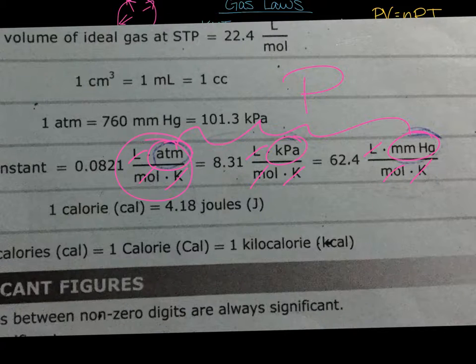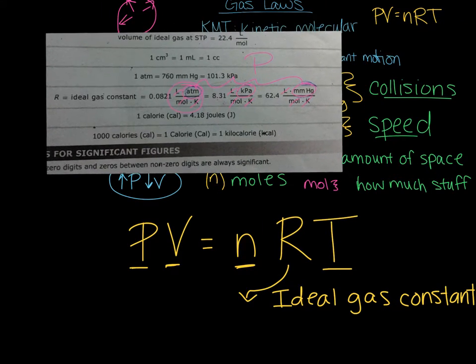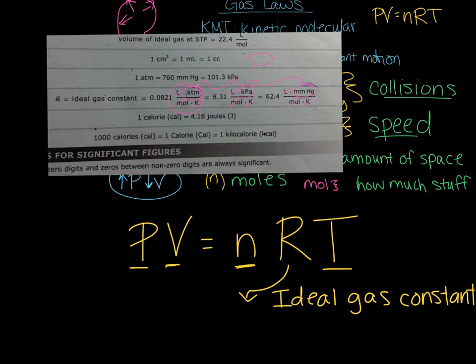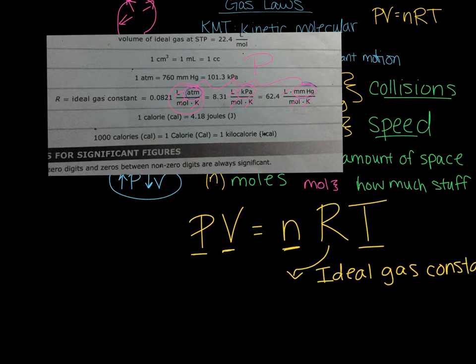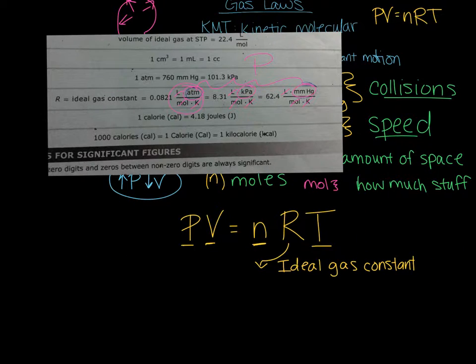Okay. So I'm going to move this up here, and we're just going to write down what each one is and when to use it. So we're going to say you will use 0.0821 if you see atmospheres. You're going to use 8.31 if you see kilopascals.